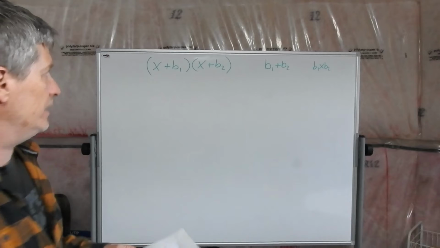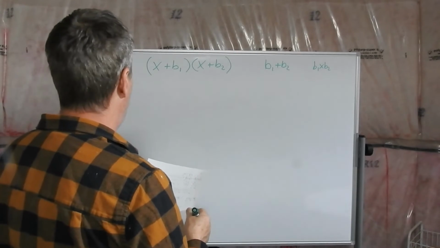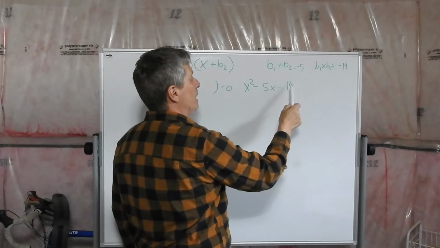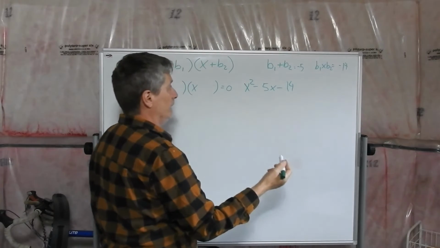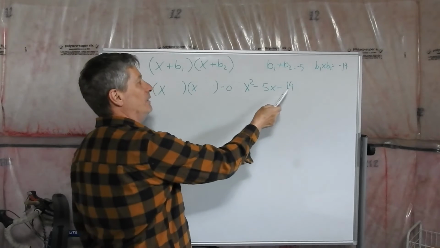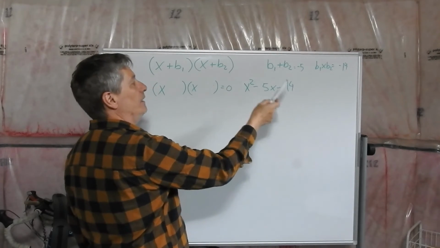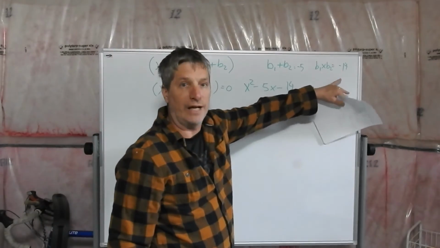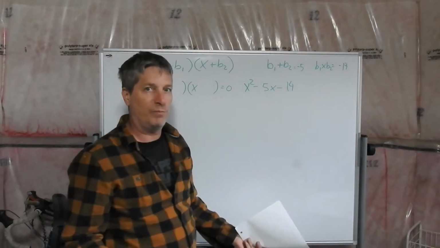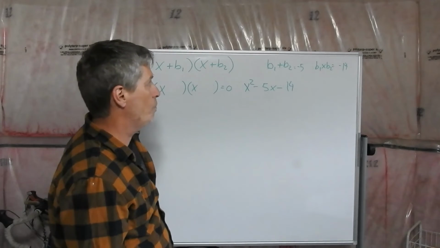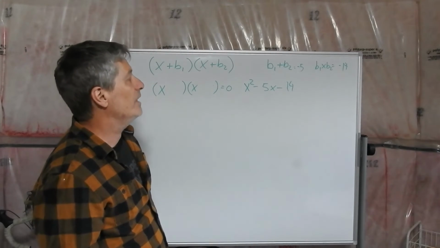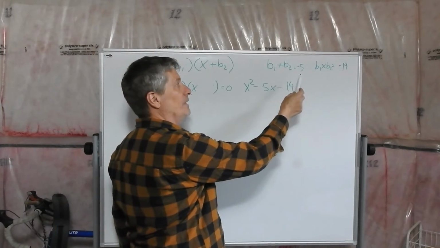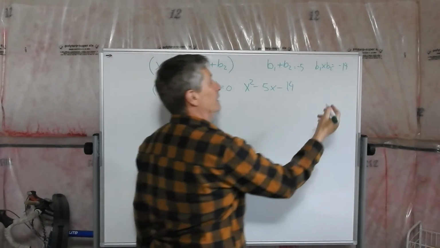So let's go with the second example here. b1 plus b2 is minus 5. And b1 times b2 is going to be minus 14. So we're looking for something that will multiply to minus 14 and add to negative 5. Now whenever a product is equal to a negative number, as you know, one is going to have to be positive, one is going to have to be negative. And we'll need a bigger negative number than the positive number because the sum is a negative number, minus 5.